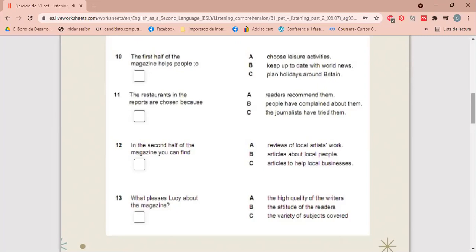There are also reports on restaurants, but we're not going to write only good things about the restaurants we choose, because these are not advertisements. They're the honest opinions of our journalists. That's a strength of this magazine. The writers are all independent journalists who say what they think. That's one half of the magazine.